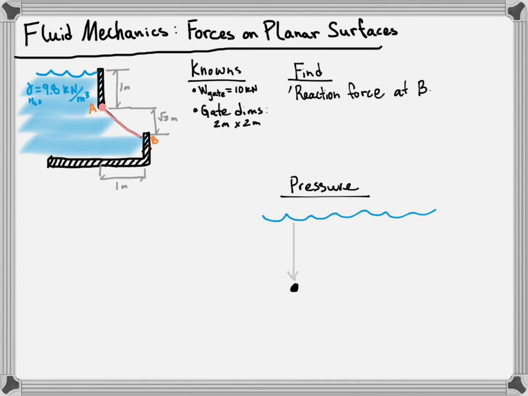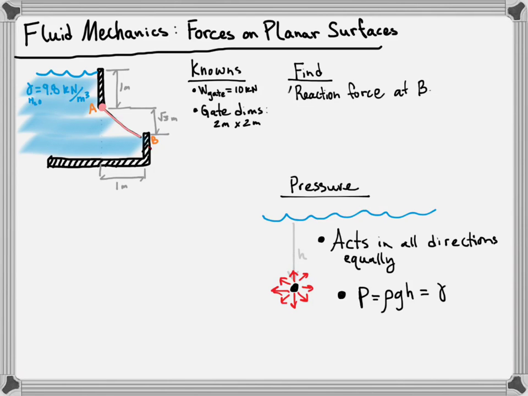Pressure has 3 key components. Number 1, it acts in all directions equally at the point you're considering in a fluid. Number 2, we can calculate the pressure at a point in a fluid by considering what the fluid is, and that's designated by this density value times gravity.